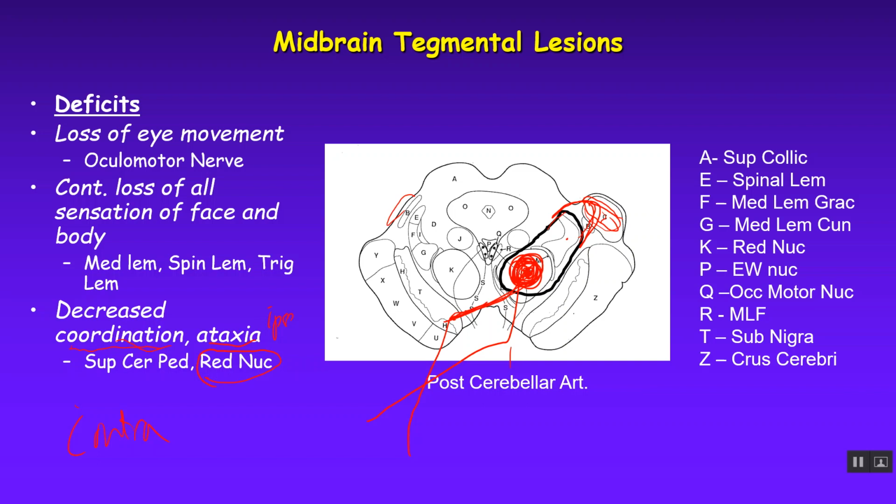So you could have ipsilateral coordination deficits through the whole body if you affected a significant portion of those superior cerebellar peduncle fibers, but then you could have some slight weakness, coordination-like deficits in the contralateral upper extremity from the rubrospinal tract being damaged. So it's a little bit of a unique presentation.